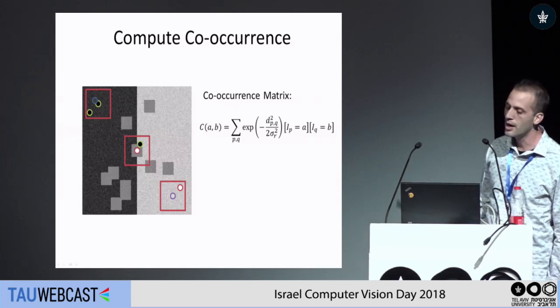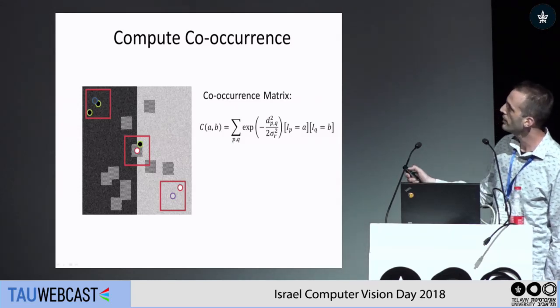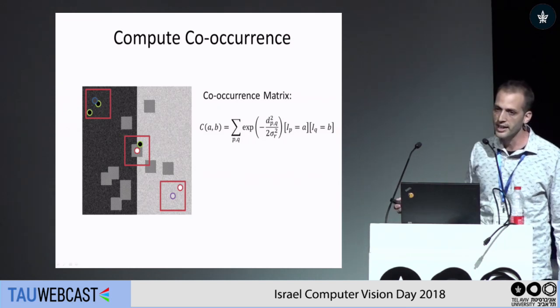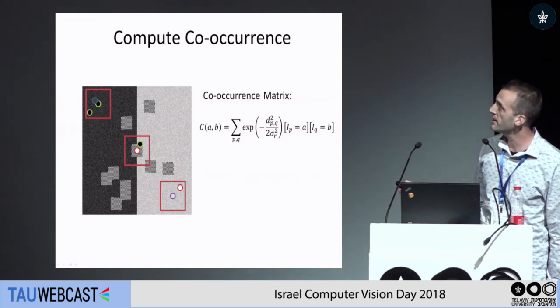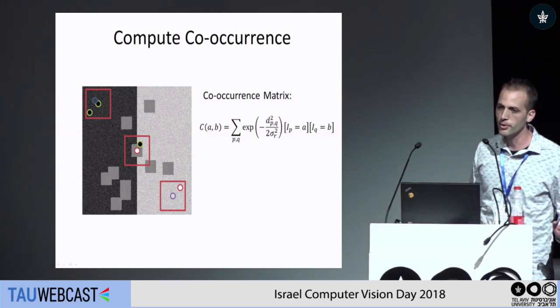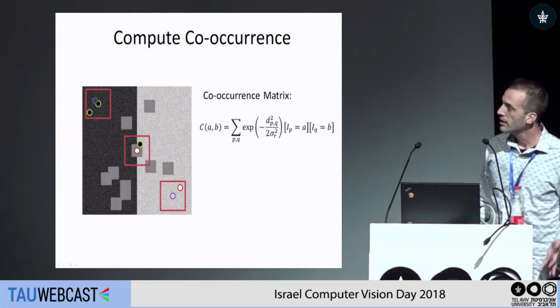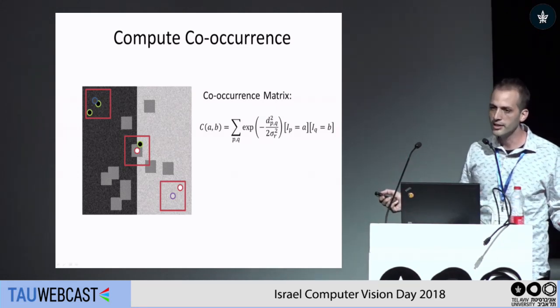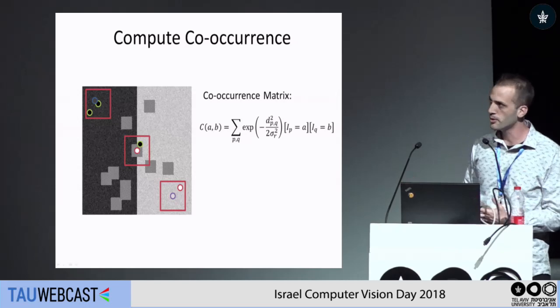Mathematically, this is how we compute it. So you see the brackets here, they represent indicator functions, which means that a pixel votes only for entries that corresponds to its value. Next, it doesn't make sense that pixels that are far apart will contribute as much as close neighbors.